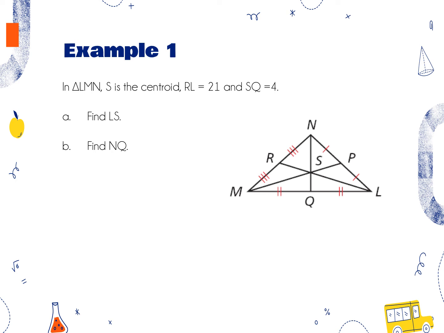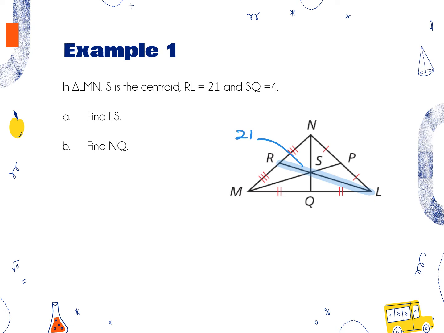Example 1, it wants us to find the length of LS. Now, it's giving me that S is the centroid and RL, so this whole segment right here, is equal to 21. So its whole length is 21. And then it wants me to find the length of LS.